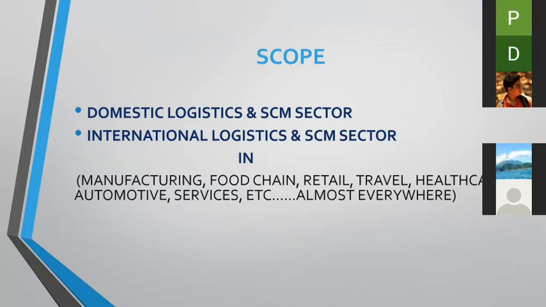Because every industry, every sector needs supply chain, needs logistics to survive and to thrive. So we can fit anywhere in whichever sector it is. It's not restricted to any one particular area, because our skills are like that. We can fit and we can accommodate any aspect of operations in any industry.